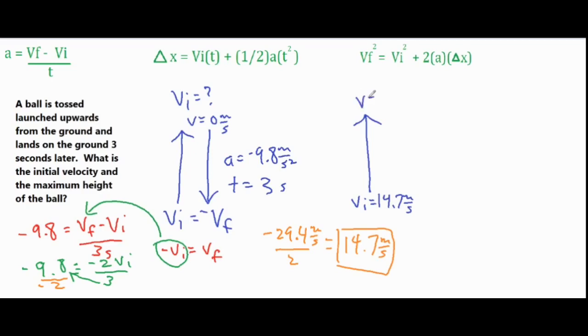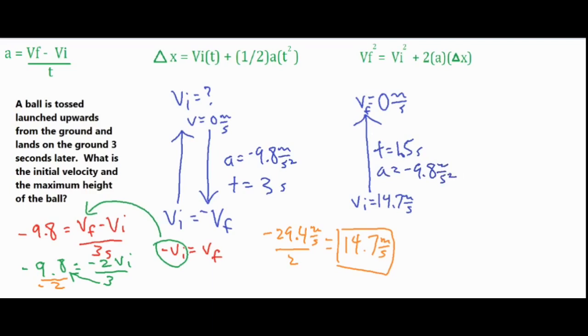We know that the final velocity up top, our instantaneous velocity at the peak, is always 0. And if we wanted to, we know our time is 3 seconds total, and we can split that in half and say that the time to rise is 1.5 seconds. In addition to that, we always have our acceleration, which is negative 9.8 meters per second squared.